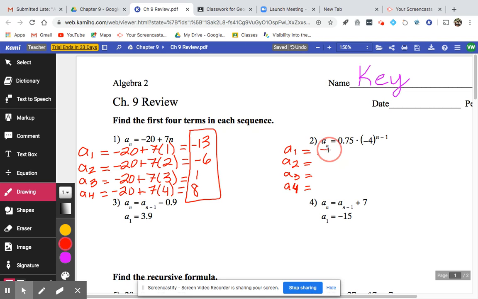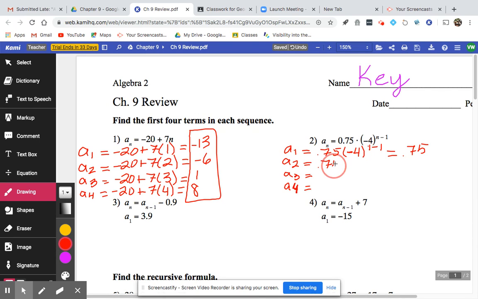So in each case, it's 0.75 times negative 4. First is the 1 minus 1 power, which is simply 0.75. Why is it 0.75? 1 minus 1 is 0. Negative 4 to the 0th power is 1. 1 times 0.75 is 0.75. Plug it into your calculator if you don't believe me.